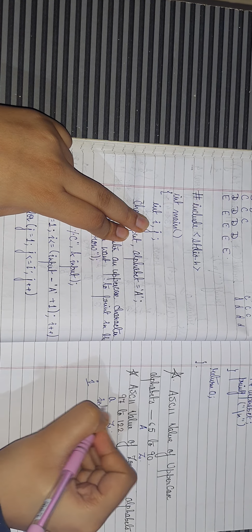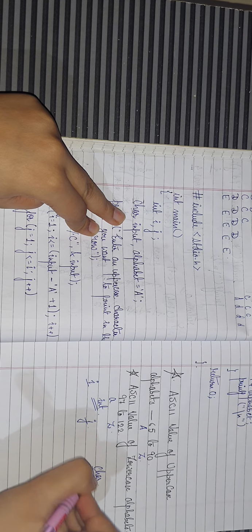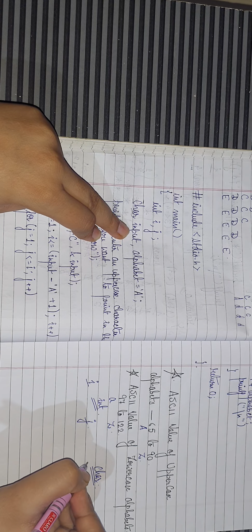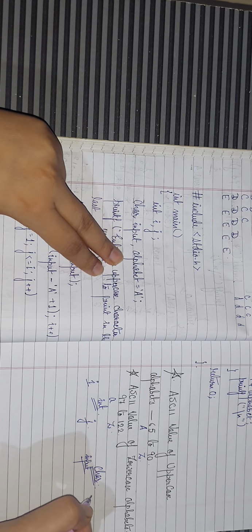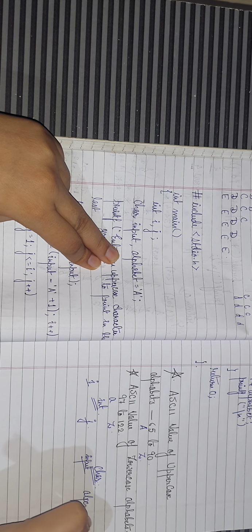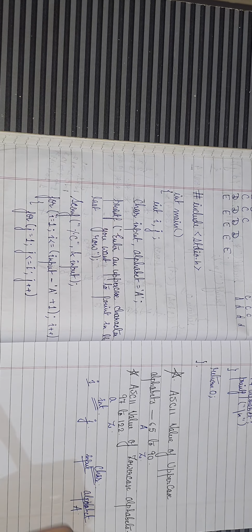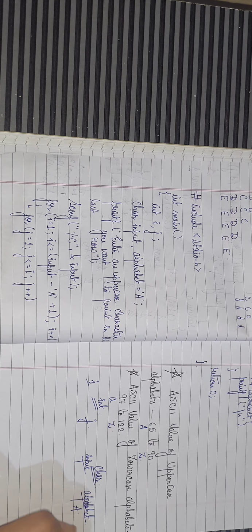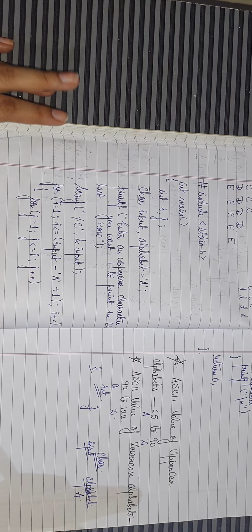Then another two variables I had defined, which are of character type: input as one variable and alphabet as another variable. We have initialized the alphabet with the uppercase letter, that is capital A, right?